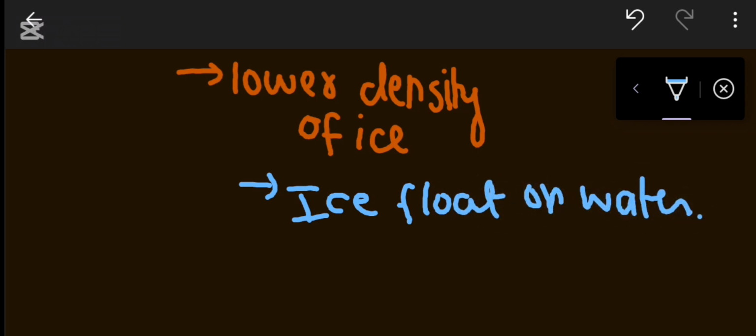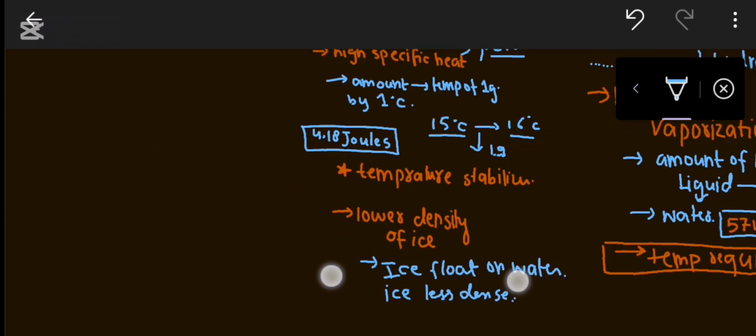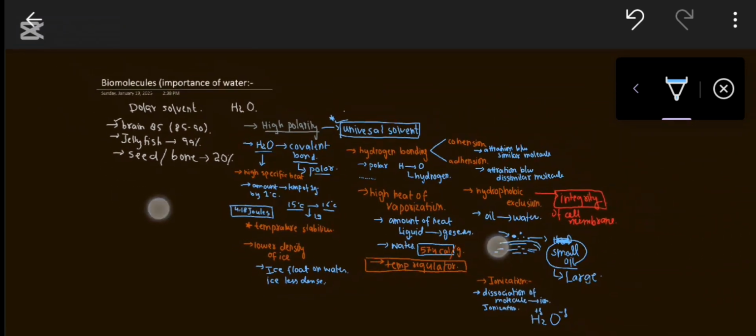Why is it so? Because ice is less dense than water. This is the reason for the lower density of ice. So this was all about the importance of water and its properties.